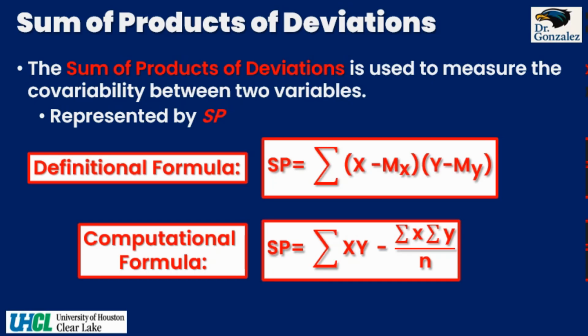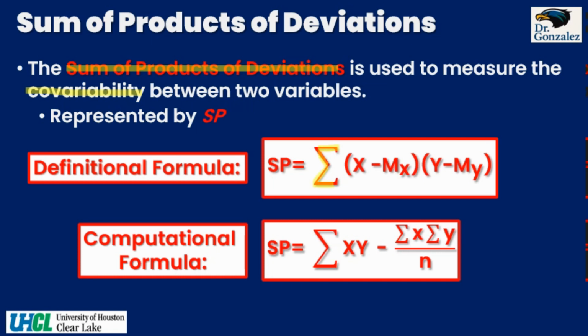One of the things we use in that formula is that we have to measure covariability. And we measure covariability by calculating something called the sum of products of deviations. This thing right here is called a sigma, and sigma means the sum of something.